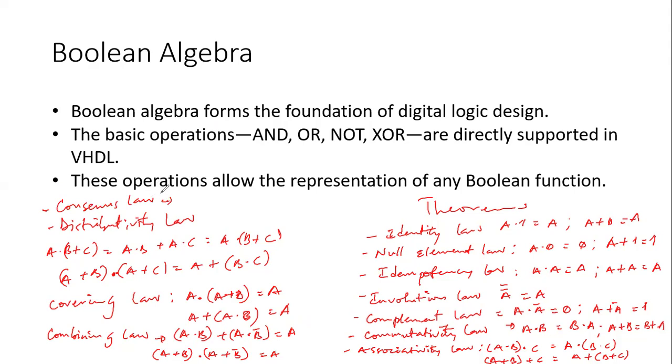We have that A dot B plus A bar dot C plus B dot C is going to give us A dot B plus A bar dot C. And by duality, we have A plus B dot A bar plus C dot B plus C will be the same as A plus B dot A bar plus C. Okay.